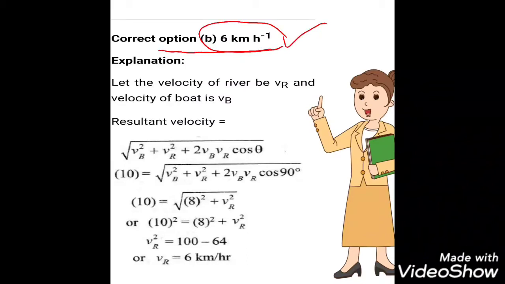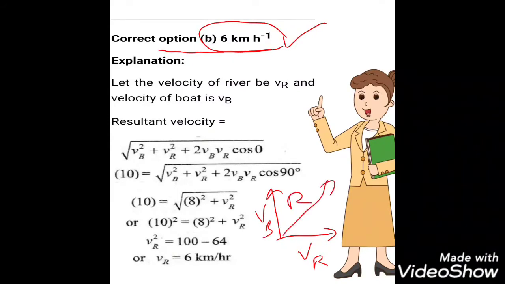You know, velocity of the river, VR, let me assume. They are asking this only. Velocity of the boat, V suffix B. This is called resultant velocity. So they have given velocity of the boat and the resultant velocity, but velocity of the river they are asking.